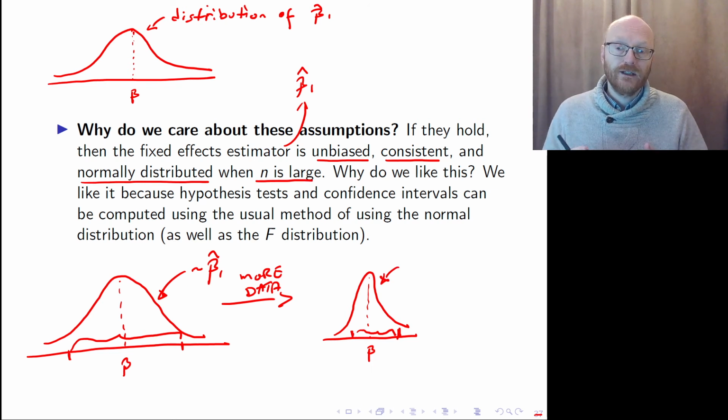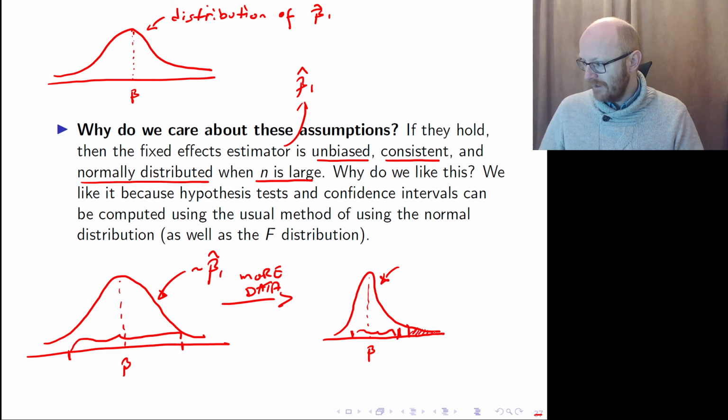It's important because if it's normally distributed or has a t-distribution, then we can actually calculate the area in the tails. So this is the tail probability.